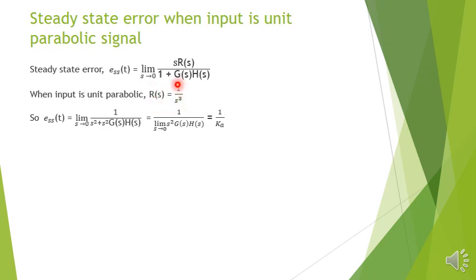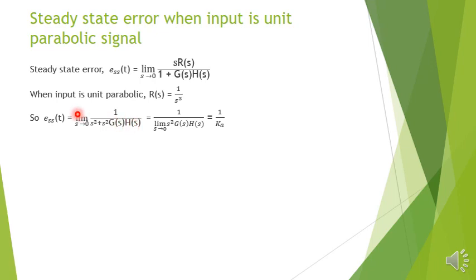If I substitute R(s) as 1 by s cube in this expression, it remains 1 by s square. So ess becomes limit as s tends to 0, 1 over s square plus s square G(s)H(s).